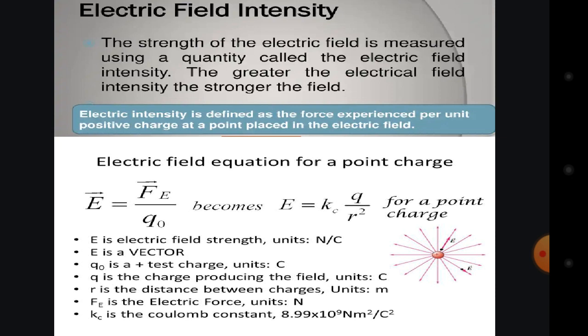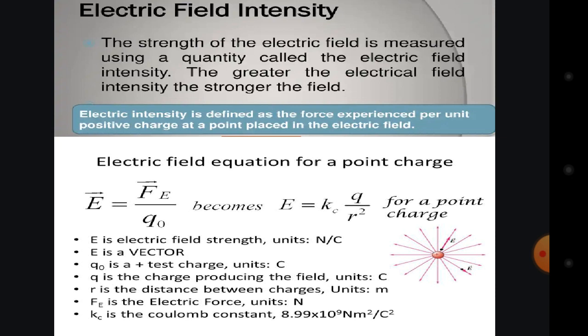So by definition, electric field intensity is defined as the force experienced per unit positive charge at a point placed in the electric field. So you see, it is a force that you will experience, or it will feel per unit positive charge, a positive charge at a given place in the electric field.